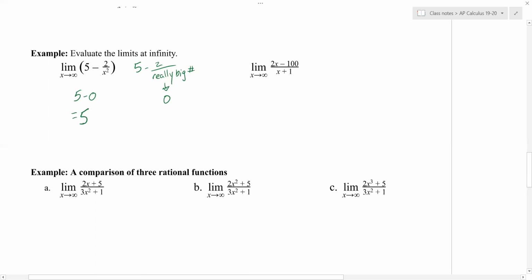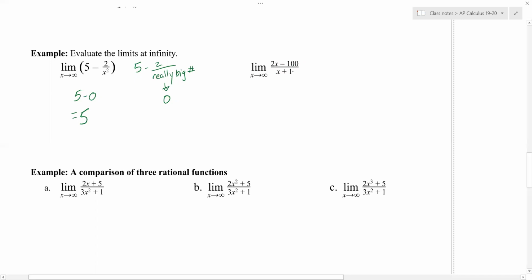Now, if we have the limit as x approaches infinity of 2x minus 100 over x plus 1. If we plug in infinity here to x plus 1, infinity plus 1 is basically infinity.